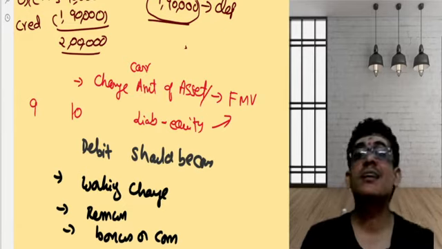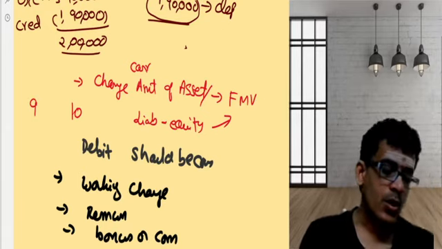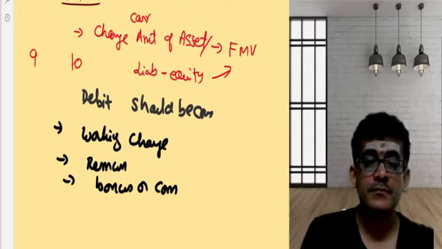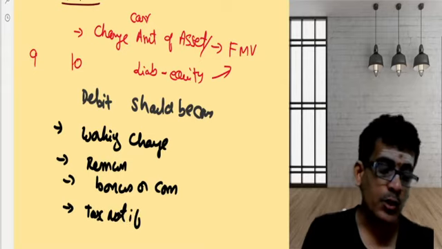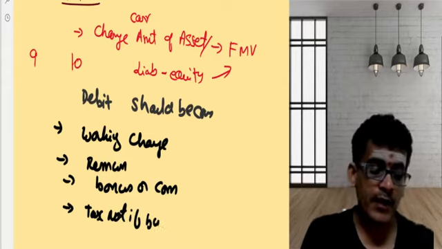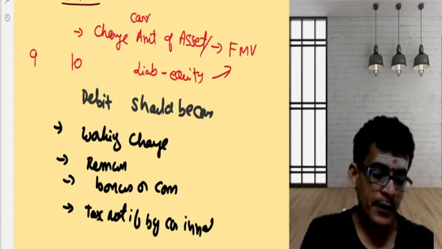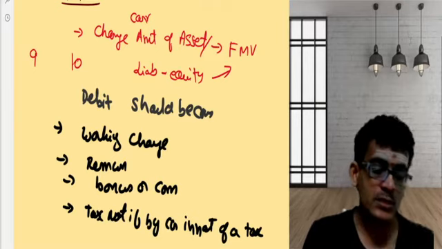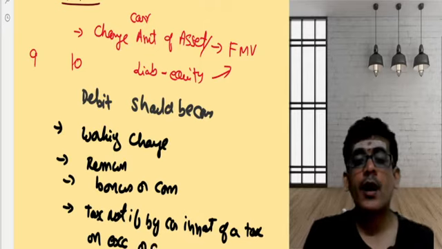And you can also consider any tax notified by the central government in the nature of a tax on excess or abnormal profit, not on your regular profits.